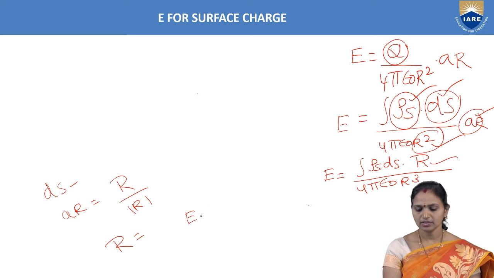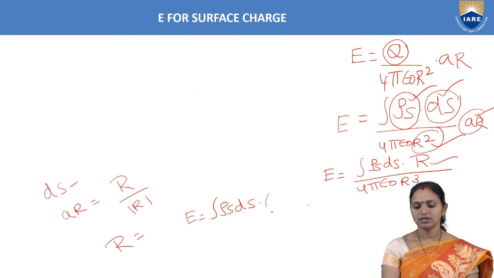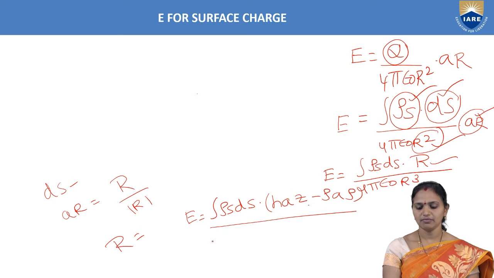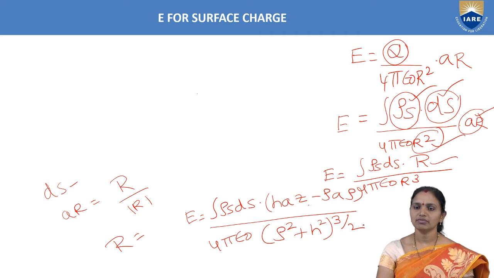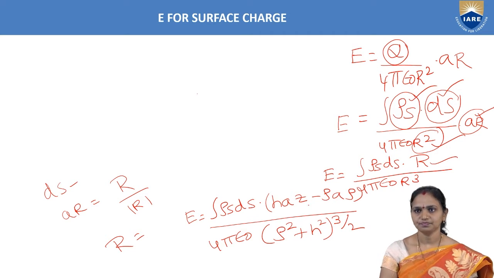Then E equals integral of rho s ds into (h az minus rho a rho) divided by 4 pi epsilon naught, times rho square plus h square whole to the power of 3 by 2.